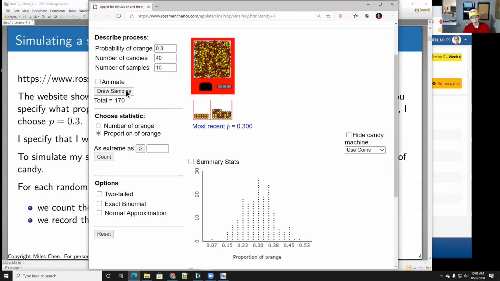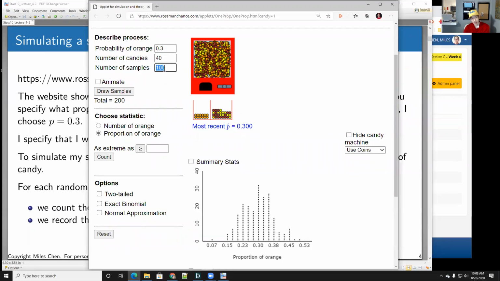And as we draw more and more samples, we can see our distribution getting more and more dots. Eventually the dots are going to get so close together that they just merge into lines, okay? To speed things up, I'm going to draw 100 samples of 40 at a time, okay?